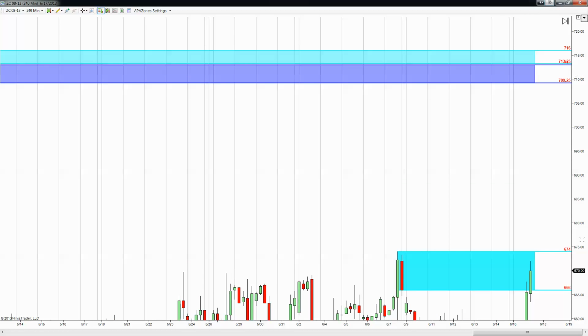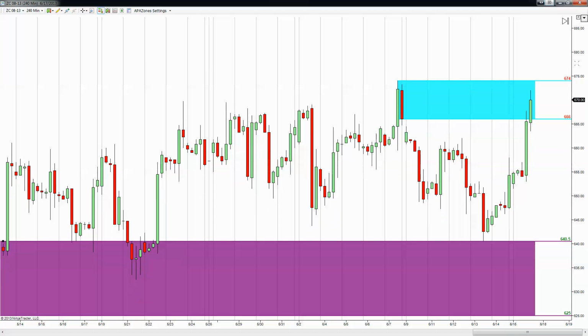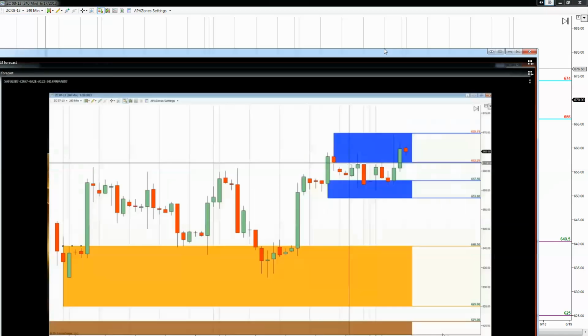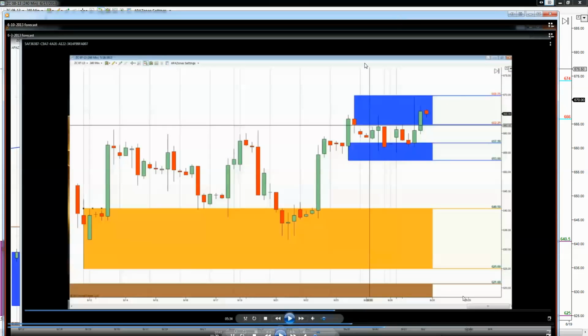If we look at our last week's forecast, we are in a nice little range motion going on here at 669.75, bouncing back and forth with really big support down here. Because this is long term, happening over several days, we would call this demand.